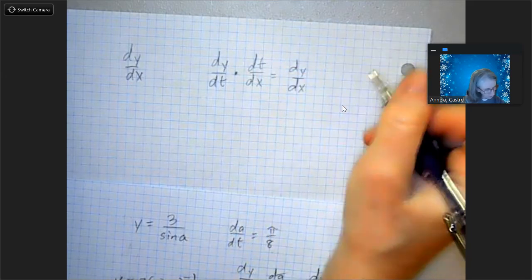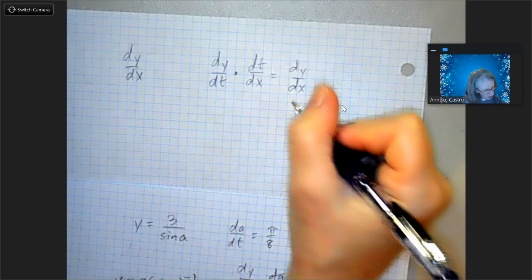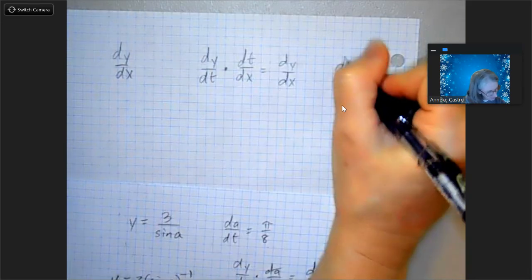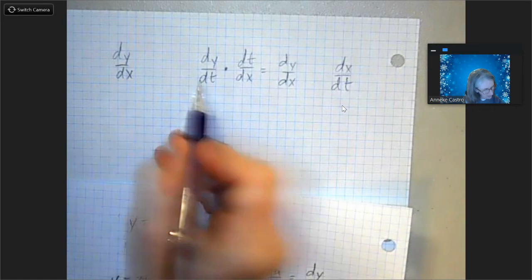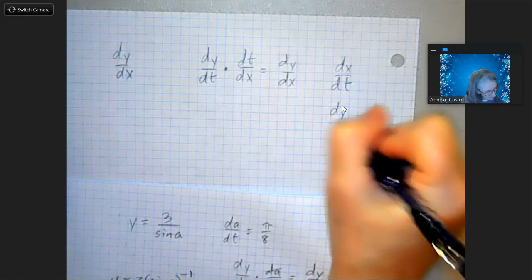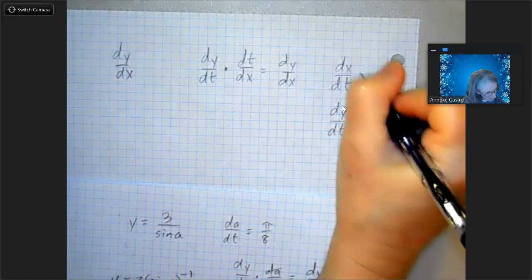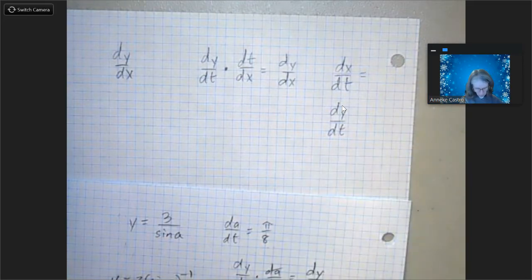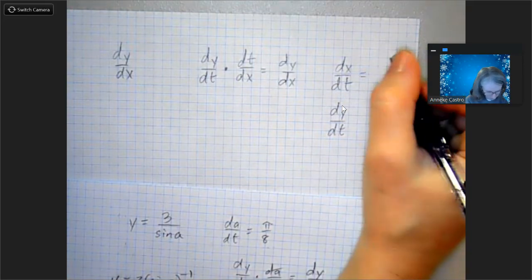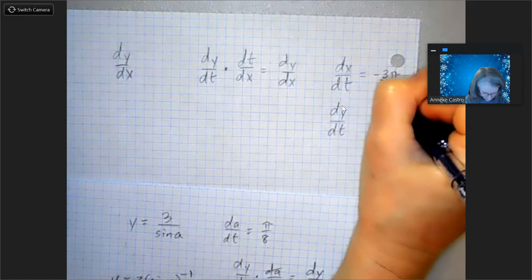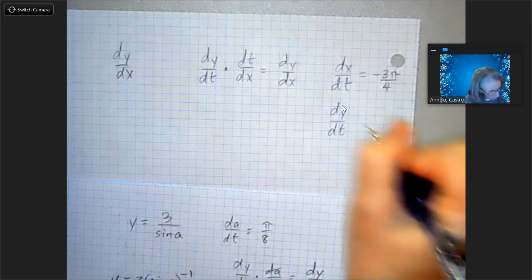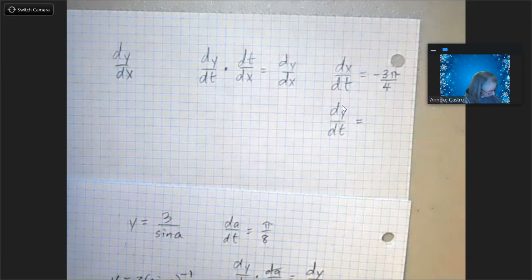Well, fortunately, we already found dx/dt, and we have dy/dt. So we know dx/dt, that was from the first part. We got negative 3 pi over 4. So that was from part A. And dy/dt, I got that from part B. That was the one I just put in.